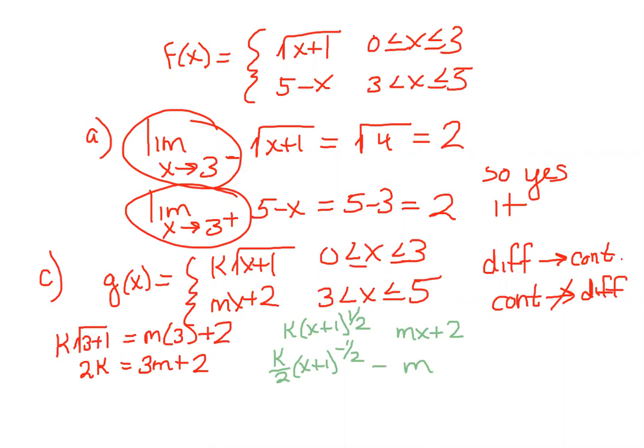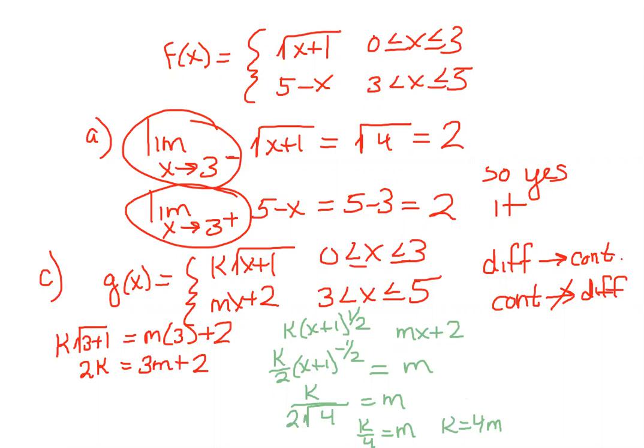So these have to equal each other at x equals 3. So k over 2 times the square root of 4 has to equal m. So this is k over 4 has to equal m, or k has to equal 4m.